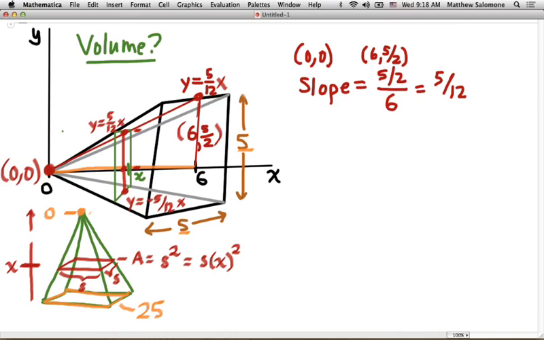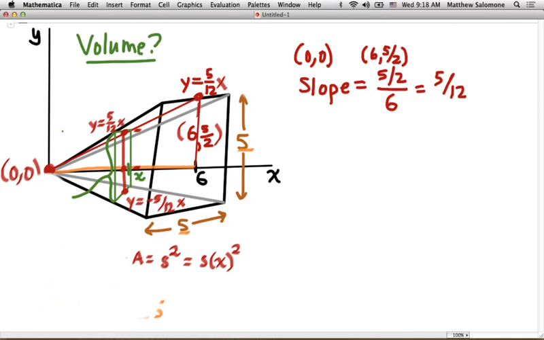the height of my square, how am I going to find what that height is? If the top of my line segment is on y equals 5/12x and the bottom is at y equals negative 5/12x, then what is this height, which is what we called s before?